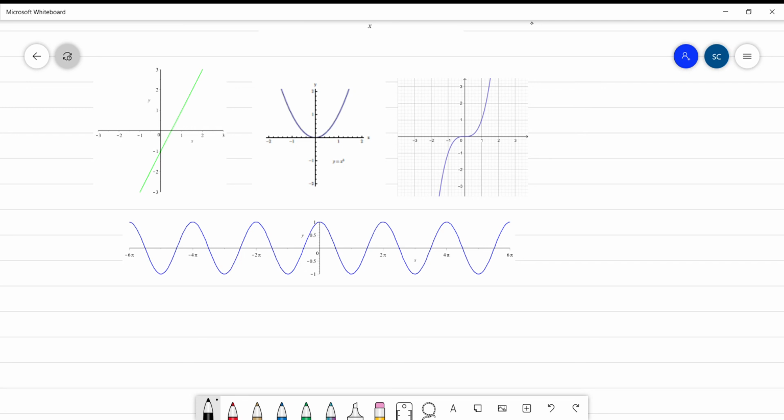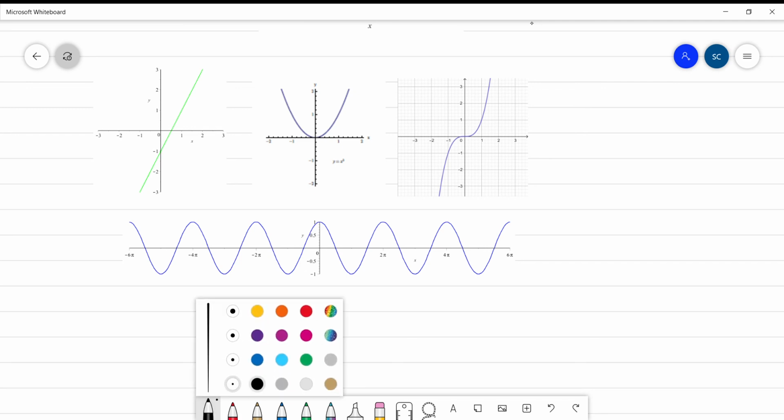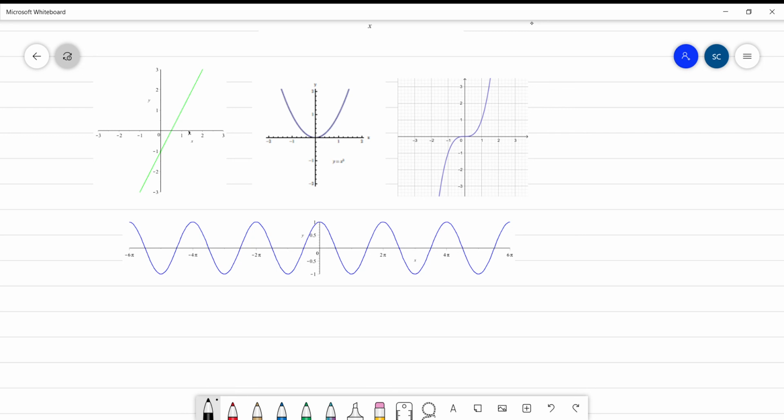Each time you fix an x0, there are values to the right of x0 that remain greater than f(x0), and points to the left of x0 that remain less than f(x0).